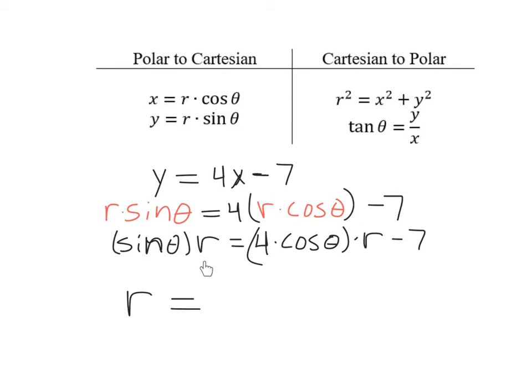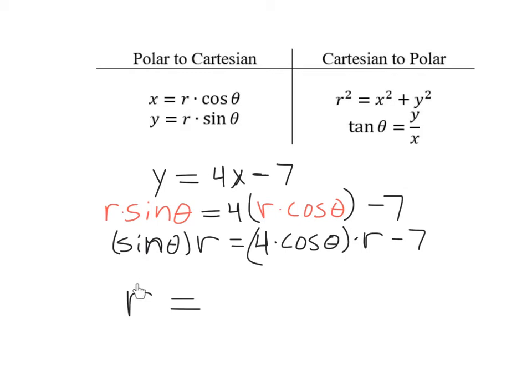Here's the coefficient in front of this one, and here's the coefficient in front of this one. And there's no square on the r's or anything, so it's just linear. So you may recall when we were solving equations early in the year that were linear, we just want to get all those terms on the same side. So get all your r terms over on the left-hand side, leave the negative 7 on the right, and then you can isolate.